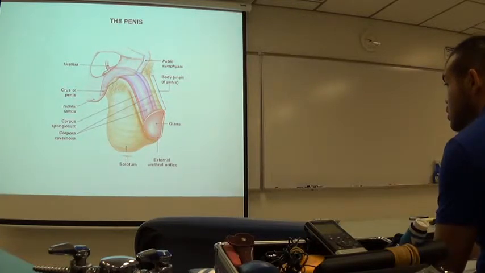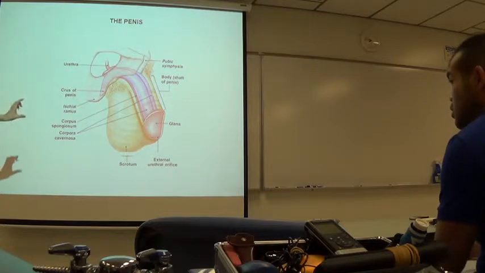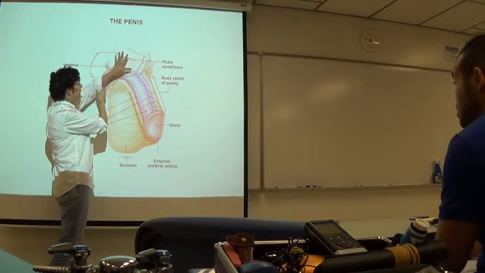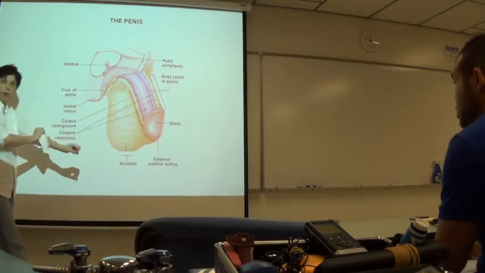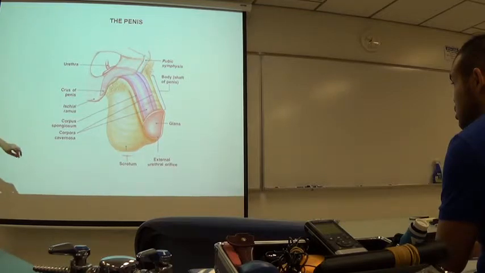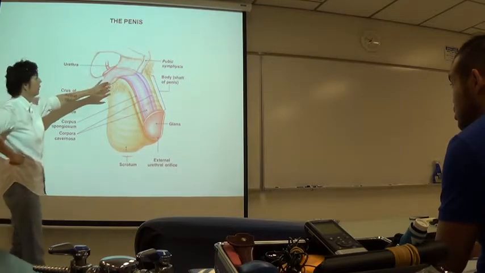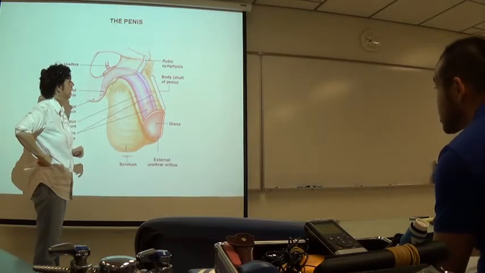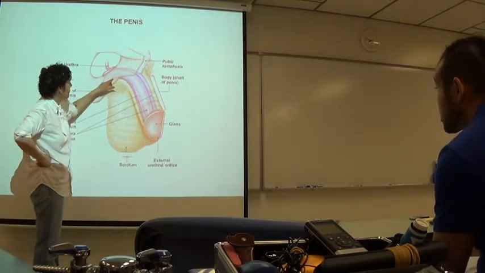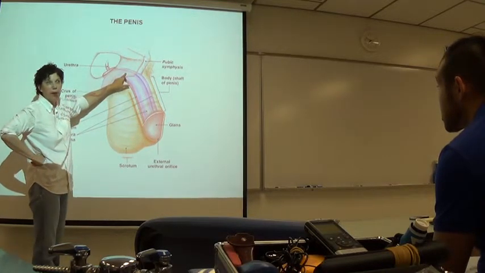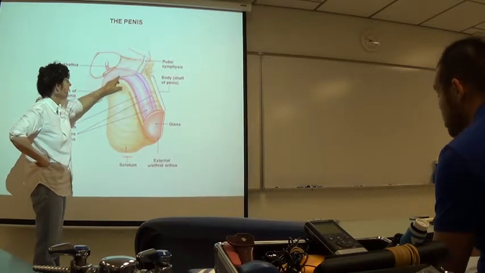What's our word for arm? The arm of the mandible? Ramus. All right. So down at this region we have the ischial ramus, and up here we have the inferior and superior pubic ramus. So the origin of the corpora cavernosa is the crus, and it is attached to the ischial and inferior pubic rami, right along here.